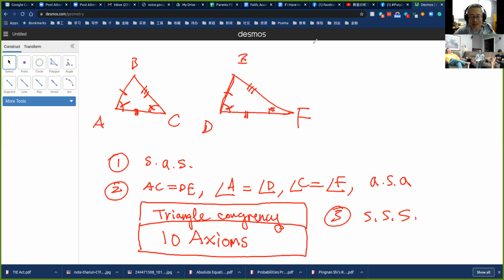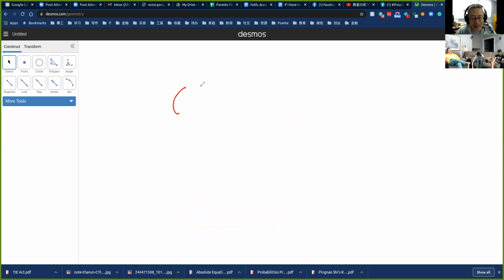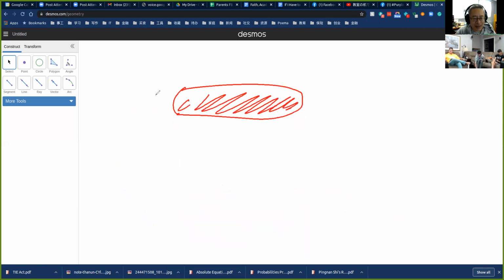Good? Yep. Okay. And I think I showed you an application of that when you're trying to measure a lake. All you have is a yardstick and you want to measure the width of the lake. Obviously you cannot just take a boat going there, because you only have a yardstick.